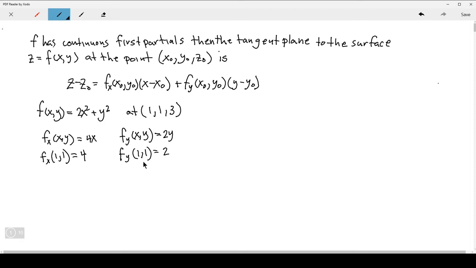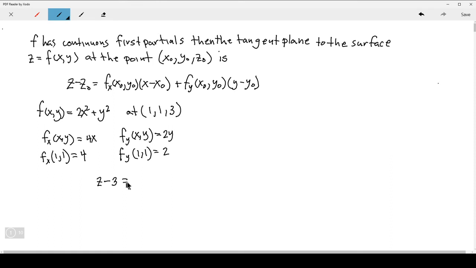So I go back up here. This is the form for the equation of the plane. So I'm going to have z minus z0, which is 3. Whoop, that is not what I wanted. That was habit from vectors.